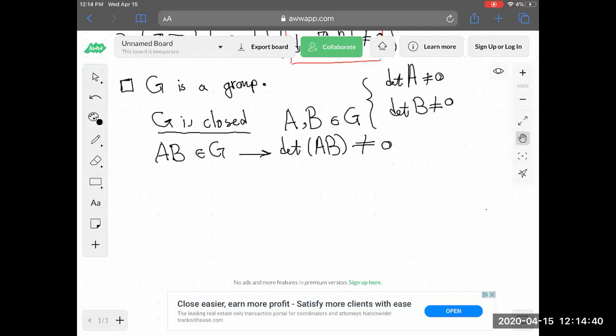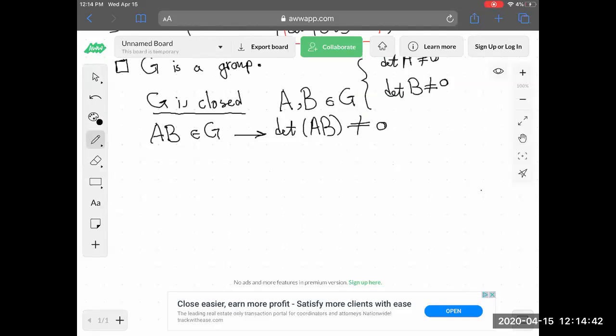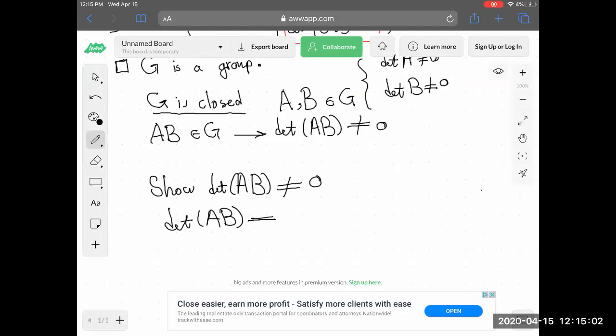How can I do that? Show determinant of AB is not 0. What is determinant of AB? Does anyone know what it is equal to?